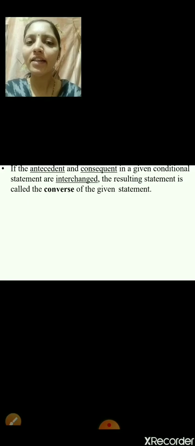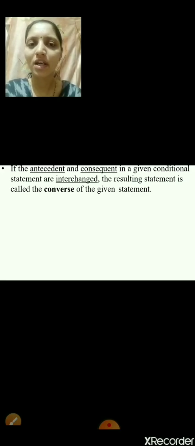And in that statement, the part following if is called as antecedent, and the part of the statement following then is called as consequent. If you interchange these two parts, that is antecedent and consequent, the resulting statement is called as the converse of the given statement.